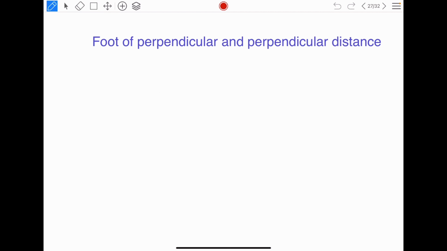Okay, all right. Now foot of perpendicular and perpendicular distance. First of all, let's understand what we mean by these things, and then we will talk about how to get through them. So suppose you have a line here in your coordinate system, a line PQ, and you have a perpendicular given to it.